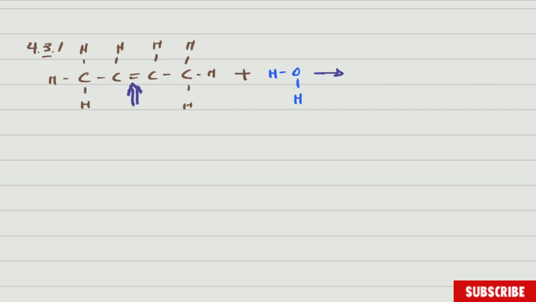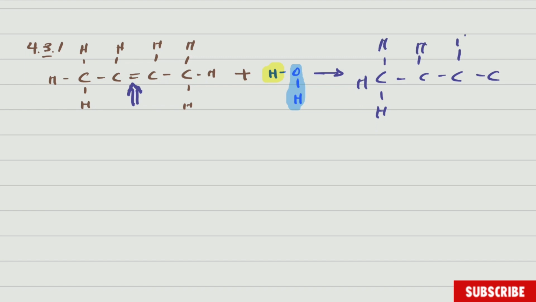One space will be for the H and the other space will be for the OH. Now the hydrogen is always going to go to the carbon that has more hydrogen. In this case they have the same number, so it's not a big change, but always the hydrogen goes to the carbon that has more hydrogen.